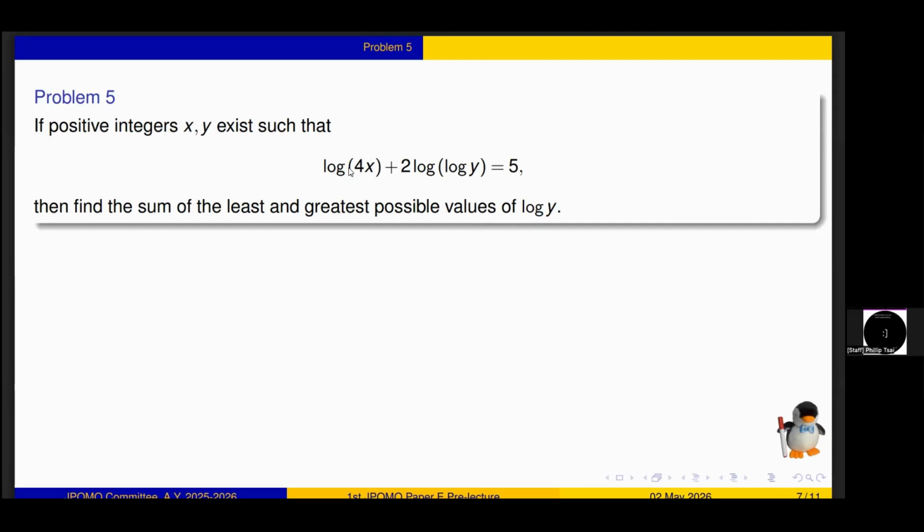So here we know that log of m plus log of n is equal to log of mn.